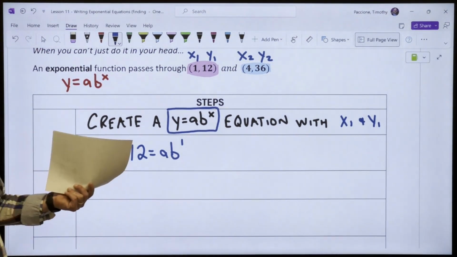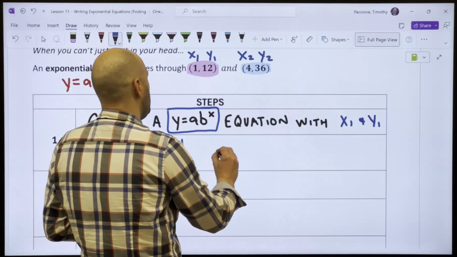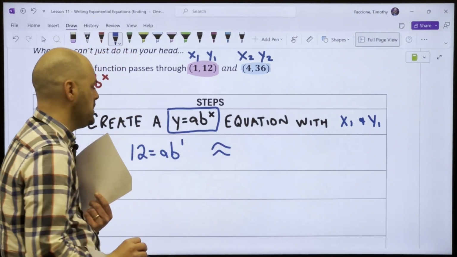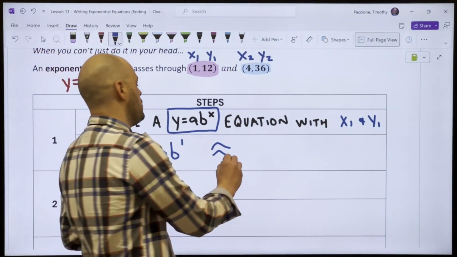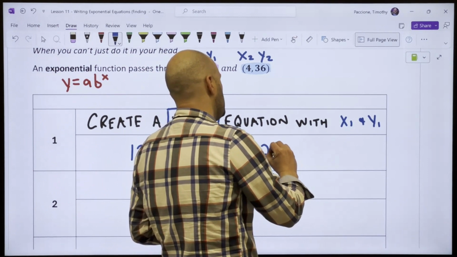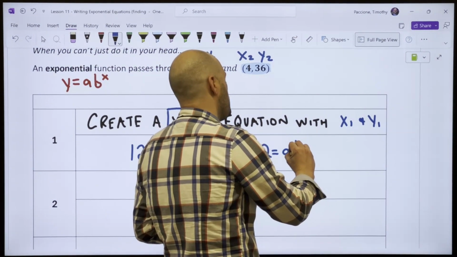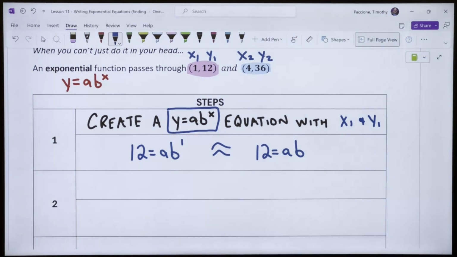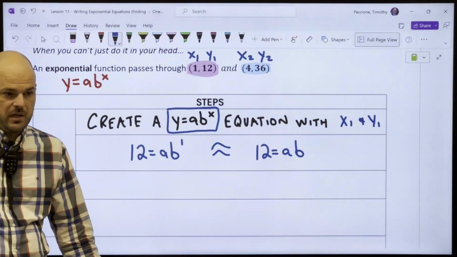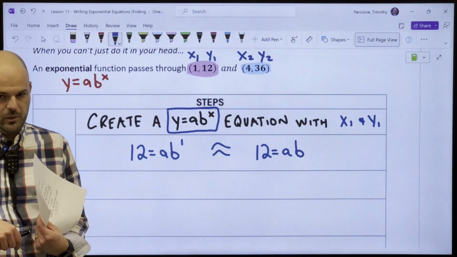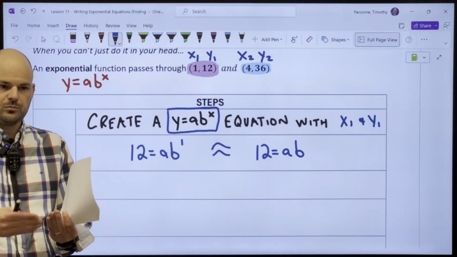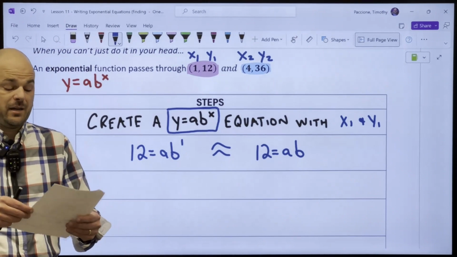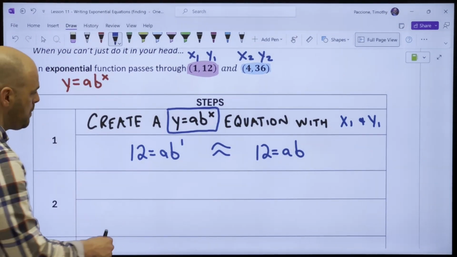Now, in this case, it won't always be the case, but we can simplify this because b to the 1 is b. So this is really just 12 equals ab in this case. It won't always be. Sometimes it'll be b squared or something. Okay, that's step 1. And by the way, I'm going to give you this really broken down. You're going to be able to combine steps when you do this on your own. I want you to really understand it, but it's not always going to take you 6 steps, okay?